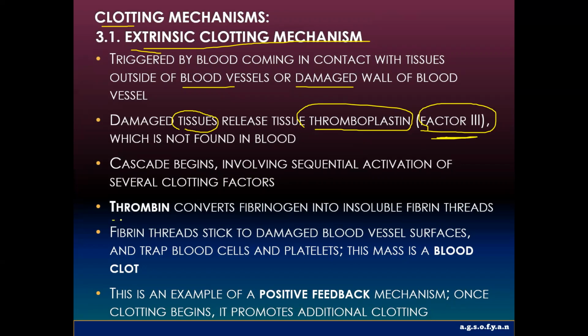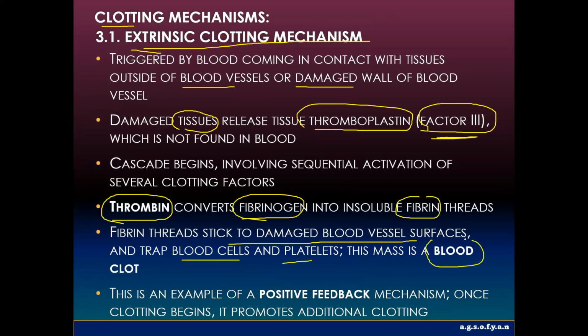Thrombin will convert the fibrinogen into fibrin, and the fibrin threads will stick together on the damaged blood vessel and trap the blood cells and platelets, and this is what we call the blood clot. So the blood clot agglutinates together in this broken area.